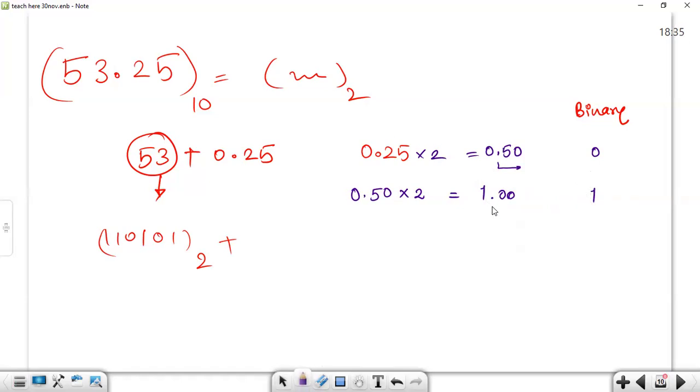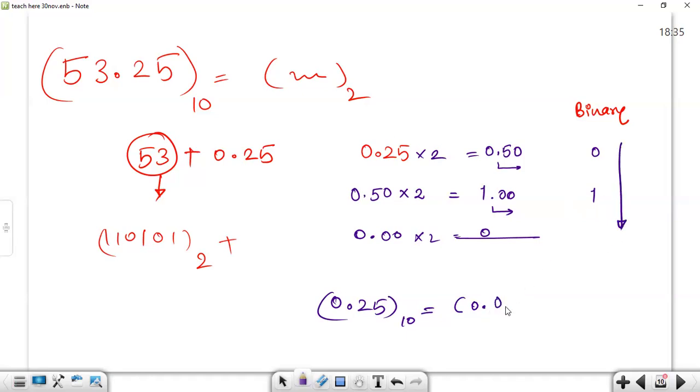Now we are only going to consider the digits after the point. So this becomes 0 naturally before the point, and whatever was there after the point, this was 0 0 only. So this sum ends here because it is 0. So now how we can write 0.25 in binary number system is that we will write 0.01 in this format.